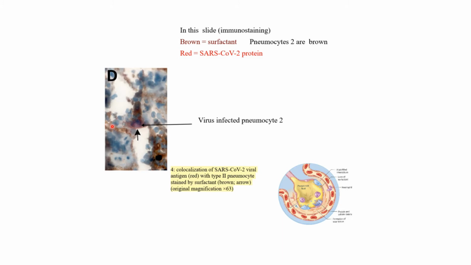My guess is that this is surfactant embedded into hyaline membrane. So the liquid here contains surfactant. When it dried up, it became hyaline membrane, and it has been labeled with chemicals that label the surfactant as brown.